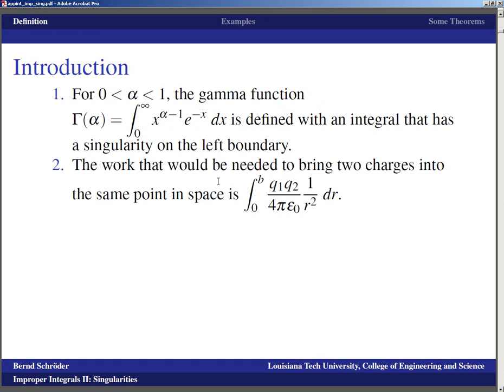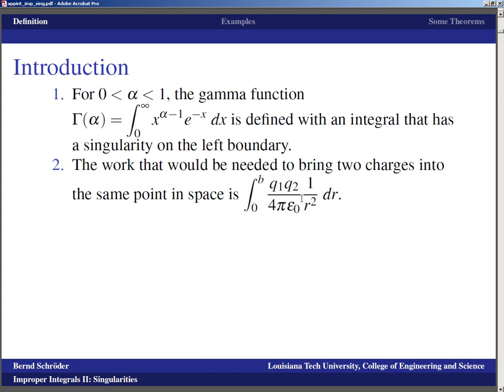The other thing, and this is now an application, is if we were to try to bring two charges, q1 and q2, into the same exact point in space from a distance of b, then the work that is needed would be the integral from one point to the other point of the force that is required times the little distance traveled, right? Work is the integral of force against the distance, and the electrostatic force, there is no magnetism in here, as long as we're working with international units, is q1 times q2 divided by 4 pi epsilon 0 times 1 over r squared.